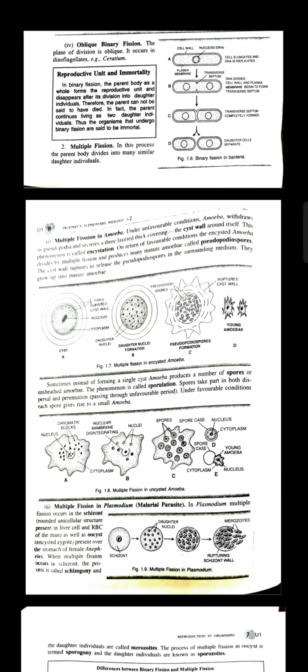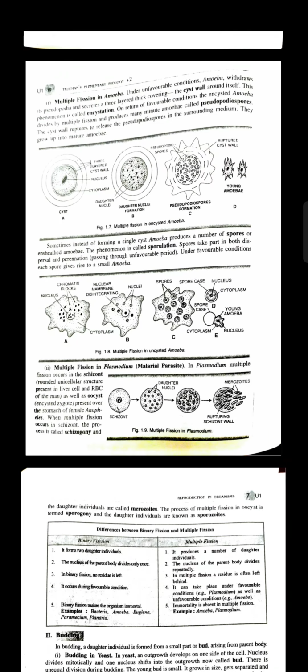We can see in the diagram they have shown it wonderfully. Sometimes instead of forming a single cyst, the amoeba produces a number of spores of unsheathed amoebae. This phenomenon is called sporulation. Spores take part in dispersal and in passing through the unfavorable period. Under favorable conditions, the spores will give rise to new amoebae.